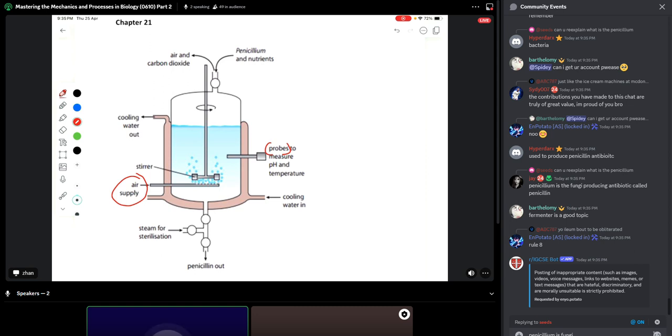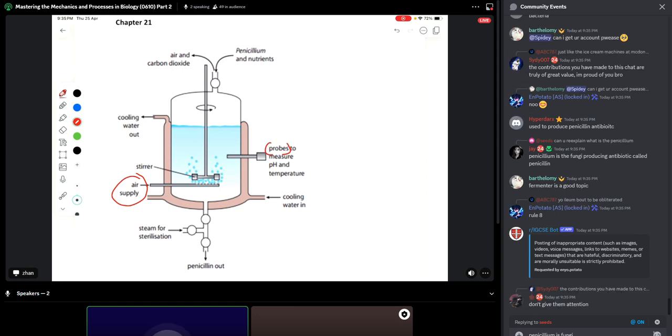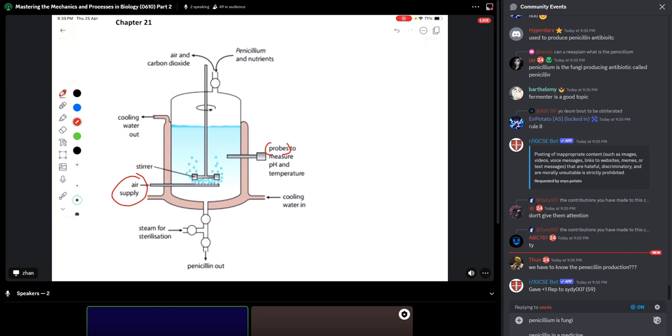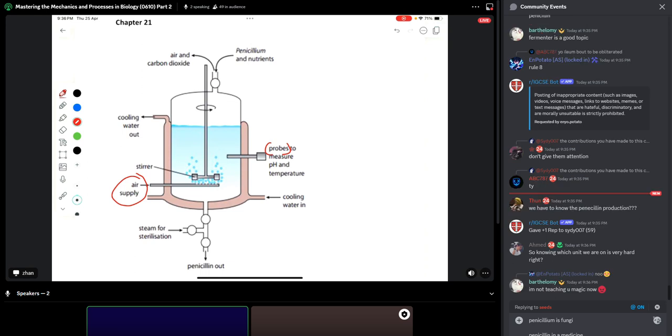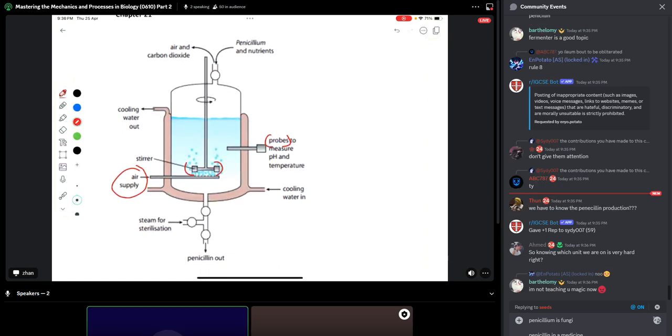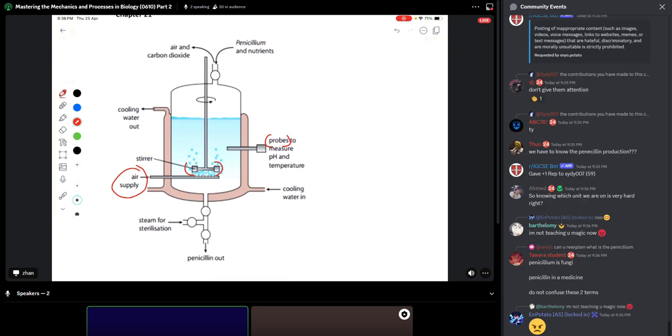After that there is a water cooling jacket, which helps to make sure the temperature remains the same.